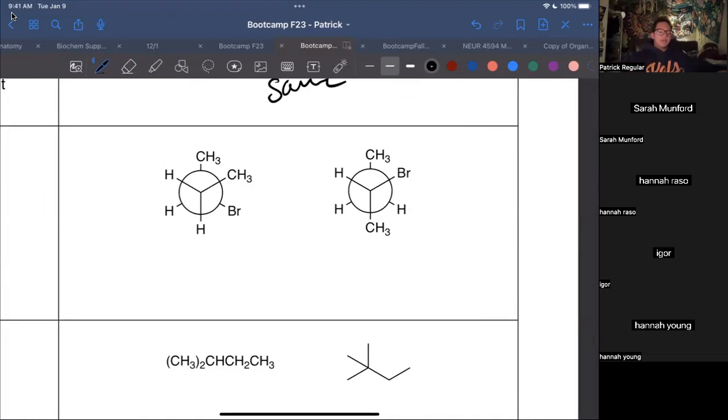What are these? Well, let's take a look. Let's color code these. Carbon front will be pink. Carbon back will be blue. Hard to do pink carbon here. Blue carbon in the back. The back carbon right here is connected to CH3 and Br.